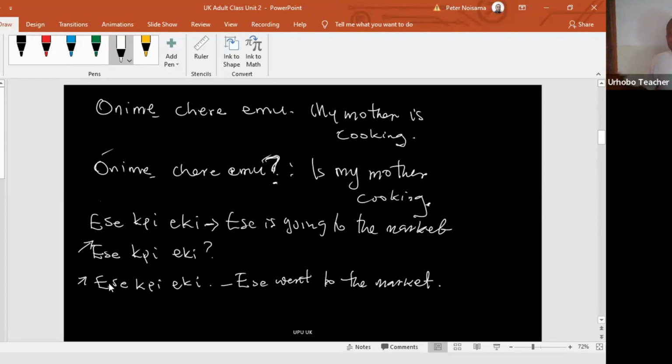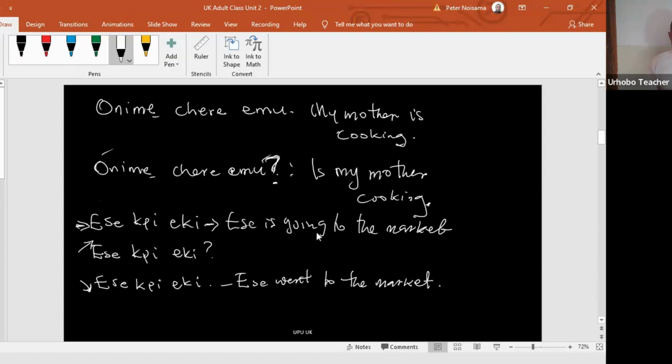Esekpeki means Ese went to the market. Sorry, this is for the past tense. For the past tense, you fall. Esekpeki, you fall it. Esekpeki, you rise. Then the flat one, which is the middle, is the continuous tense.